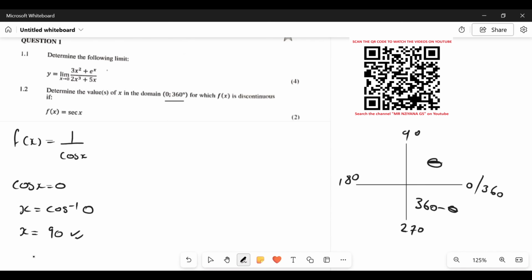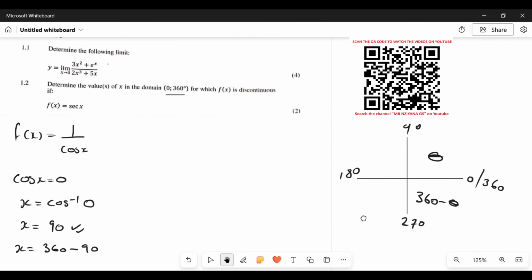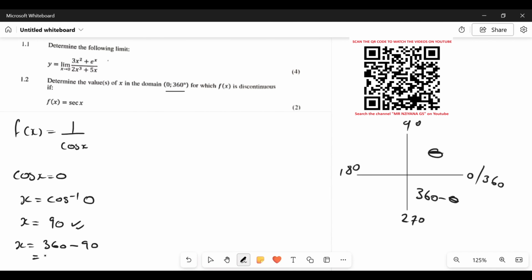And then for the fourth quadrant, we can say x is equal to 360 minus 90. So 360 minus 90 is supposed to give us 270. Let me just create a little bit of space here. So x is going to be 270 degrees. So these two are the answers there. So in order for this f of x to be discontinuous, our x is supposed to be 90 and 270.